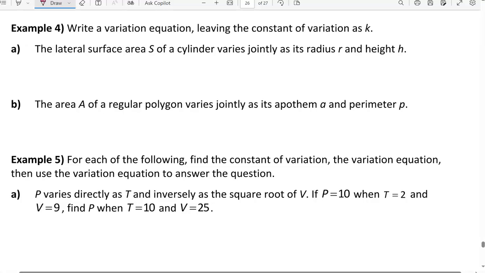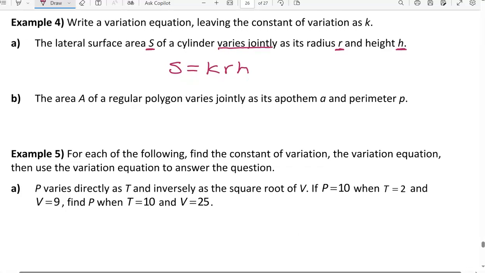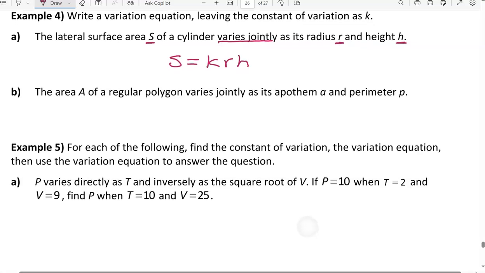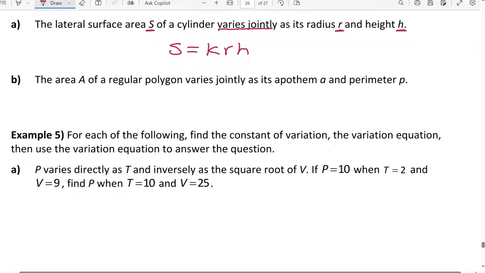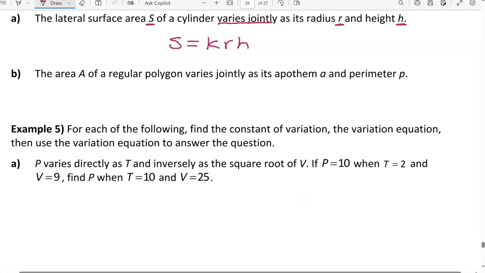The lateral surface area, which we're going to call S, varies jointly as its radius R and its height H. So S varies jointly as R and H. So that means that S is equal to K times R times H. And they're not asking us to find the variation constant, just to write the initial equation of variation.